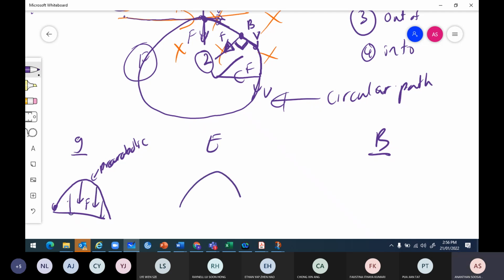Electric field also gives a parabolic path, because the force is always fixed in one direction. But when a charged particle enters a magnetic field, it experiences a circular path. Why? Because the force always relocates itself so that it is always perpendicular to the direction of motion. So the force is always 90 degrees to the direction of motion, and you end up with a circular path.